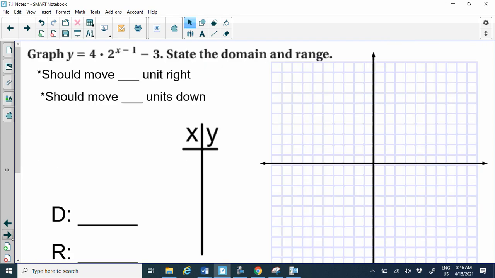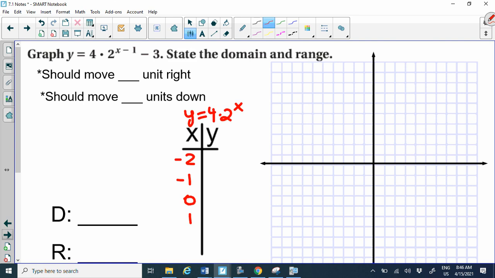Okay, so here, our parent function is going to be y equals 4 times 2 to the x. So the idea is that you get rid of the H and the K, okay? So that's where you get your parent function. So I get to use the same 5 numbers that we did in the first 2. And once again, you can just put this into your calculator, okay?